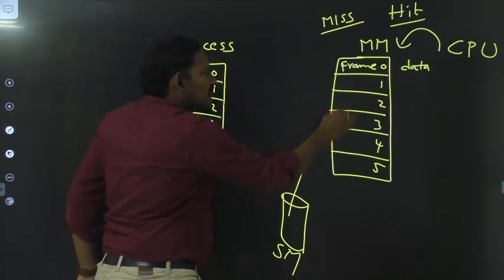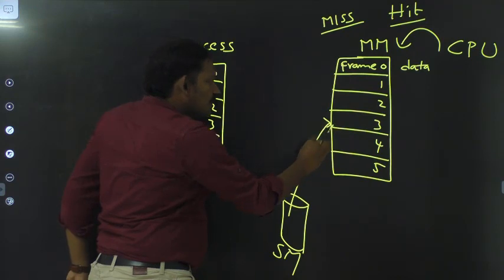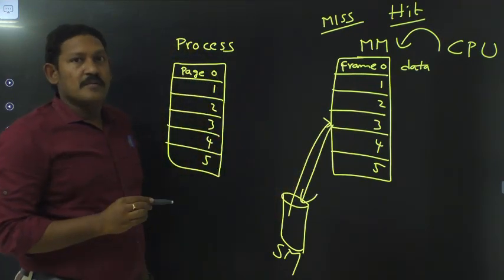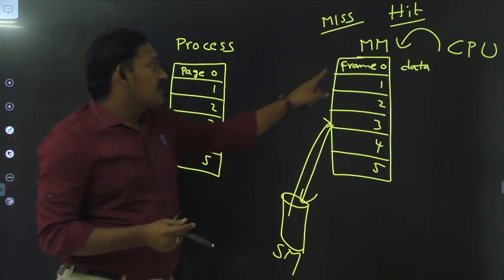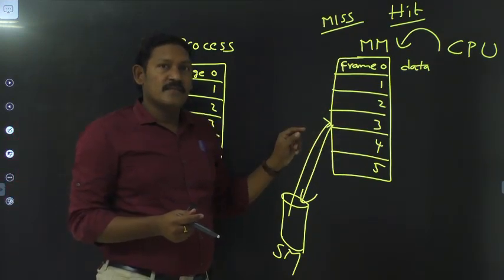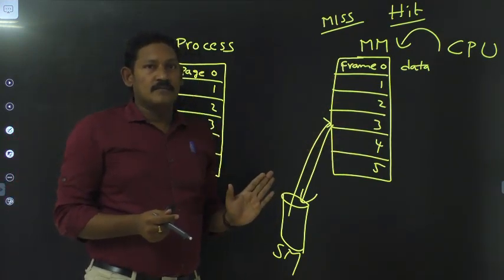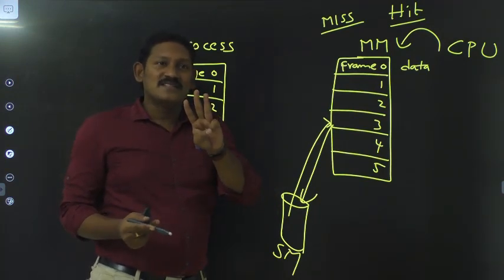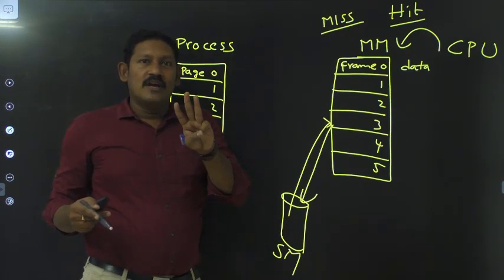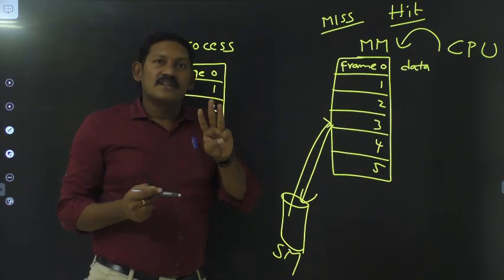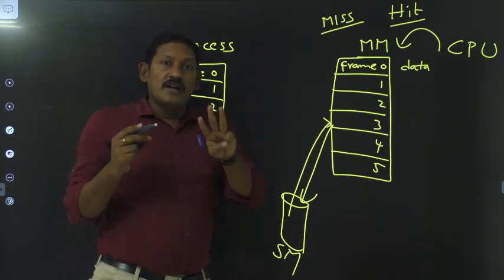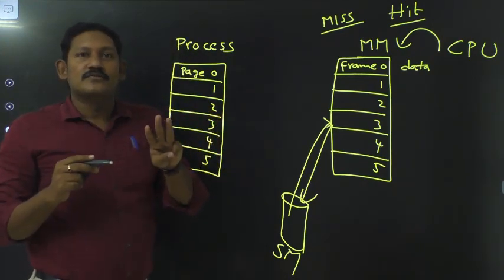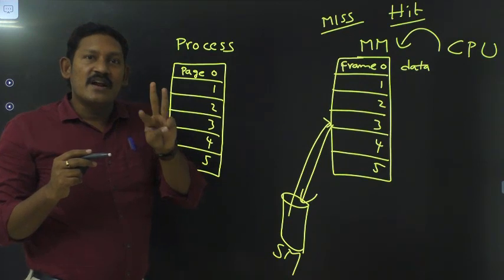Already existing data should be sent to the secondary memory. So here the problem is, which data is to be replaced with the new data? Suppose there are 3 persons sitting in a seat. If a new person comes, he has to be placed in this seat, so out of these 3, one has to get up.